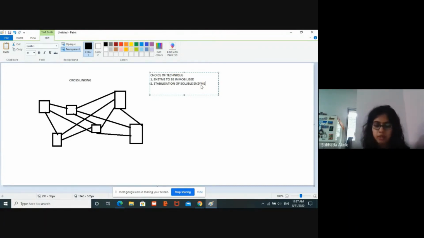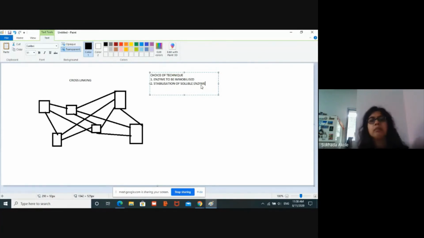Then another way you can do this is by substrate stabilization. Okay, like for example, we can stabilize certain sites in the enzyme by adding their substrates. Like for example, alpha amylase. Now this alpha amylase is an enzyme which converts starch into glucose, right?